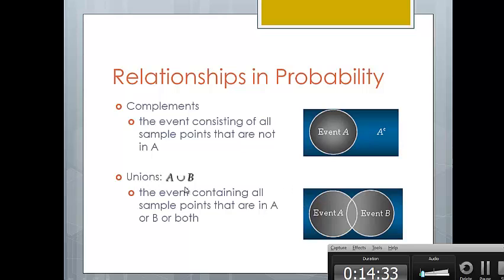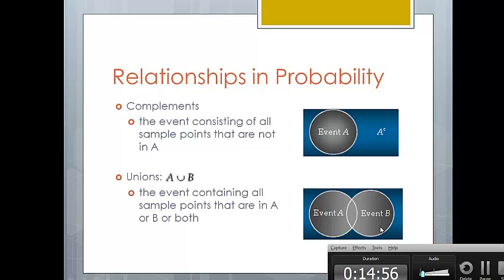Now, a union are things that can occur simultaneously. We can see an overlap. So event A can overlap with event B. And the union is everything that is in event A plus everything that is in event B plus that overlap in there. So let's say event A is liking vanilla ice cream.